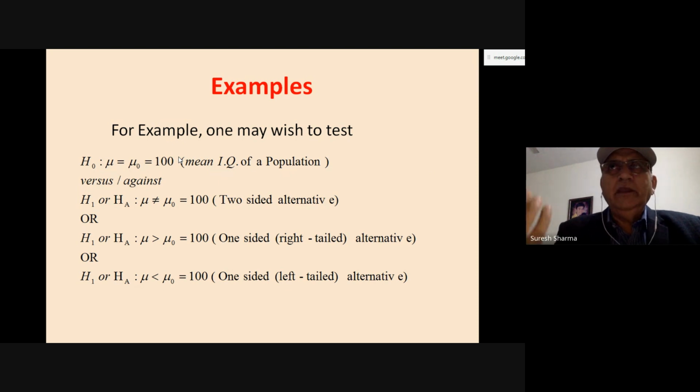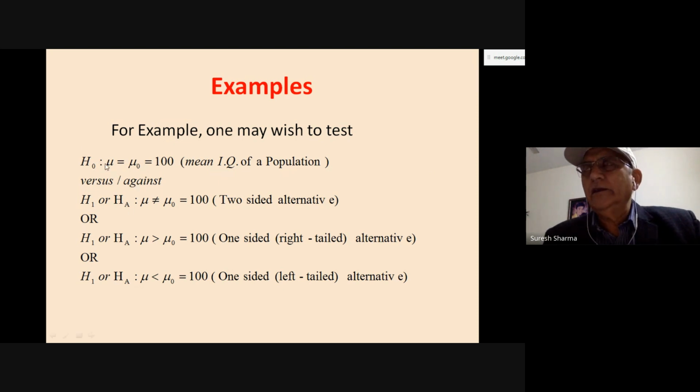So if the mean population height of West Bengal is mu1 and that of Assam is mu2, so my hypothesis under H naught will be that there is no difference between the heights of people from West Bengal and those from Assam. So the hypothesis will be mu1 is equal to mu2. So this is how I'll frame the hypothesis, that there is no difference. Then I'll actually check whether my claim is true or it is false.